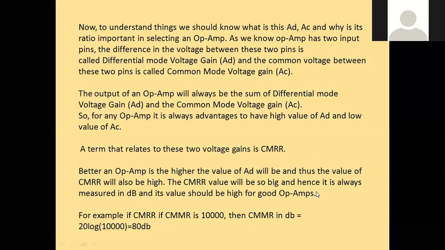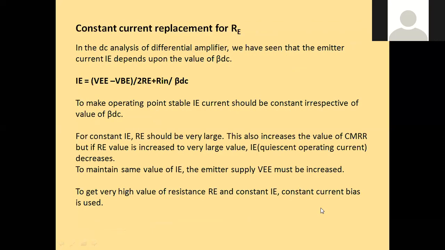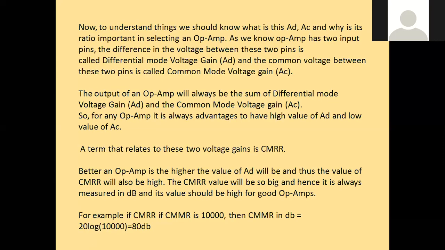So, for example, if CMRR is 10,000, as we are talking about differential mode gain and common mode gain, it is in terms of gain, so we have to measure this in the unit decibel.